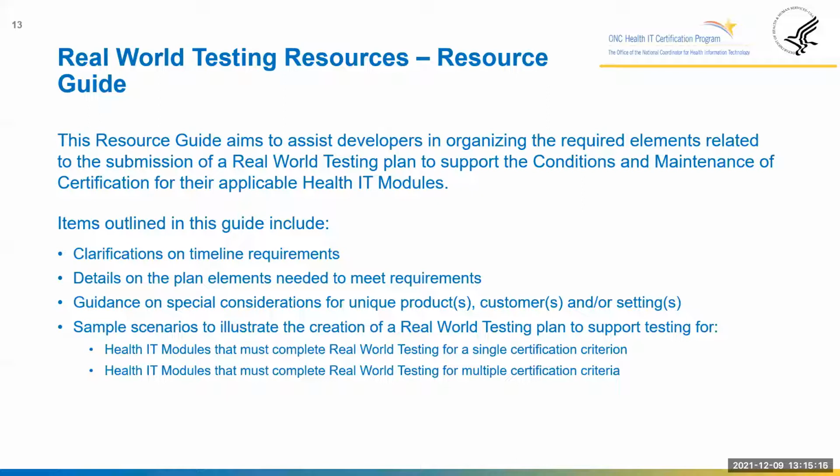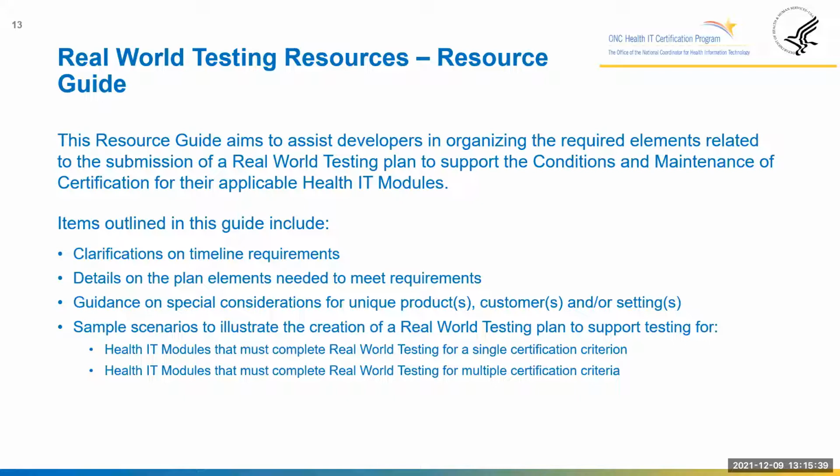All right, now we have some resources out there. The one that I want to specifically point you to is the Real World Testing Resource Guide. This resource guide also aims to assist developers in organizing the required elements related to the submission of their plans, making sure that it's complete and able to pass through in order to be made publicly available.